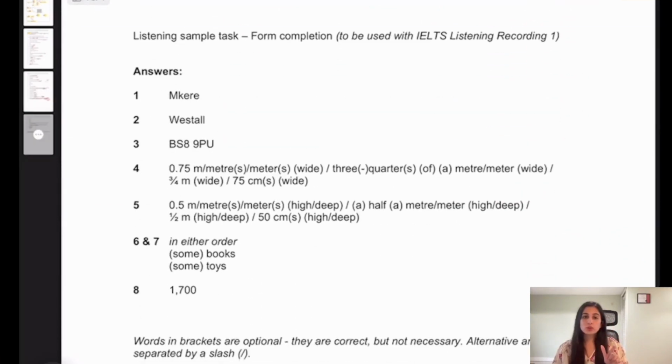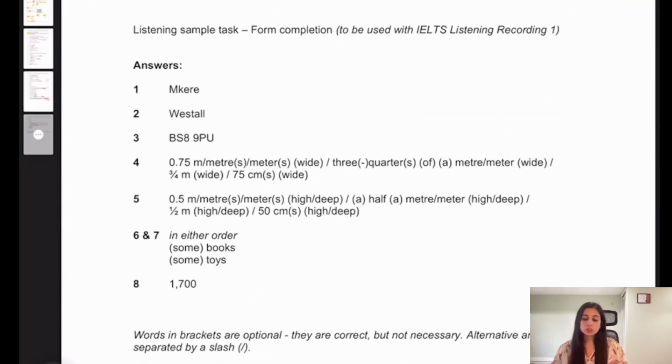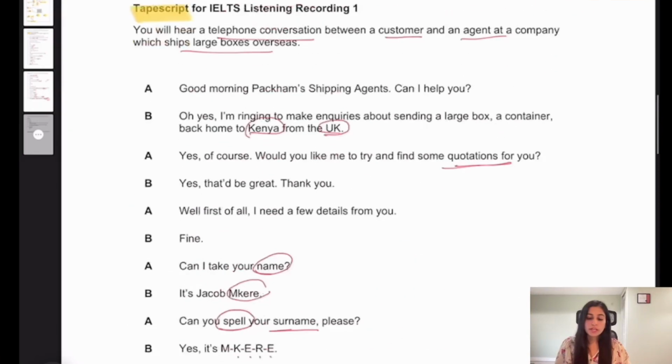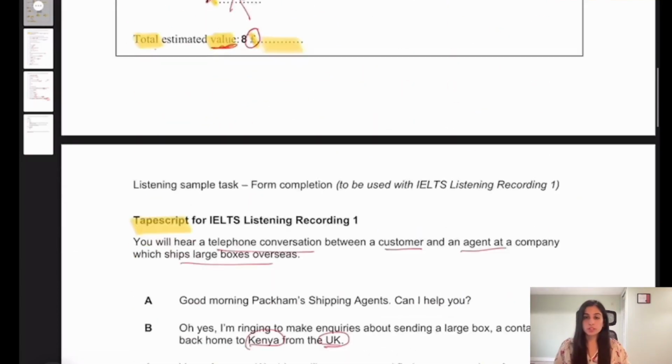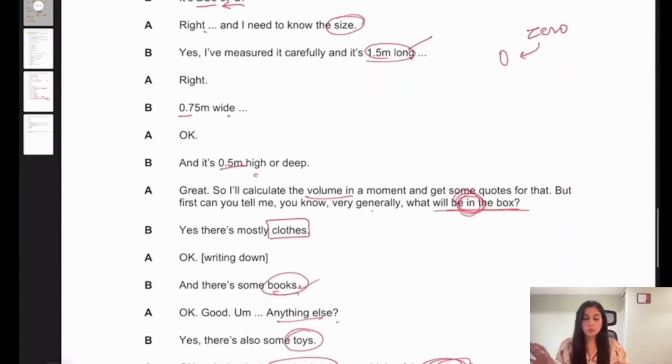So here is the list of your answers. You can take a screenshot of this, and that's pretty much it. So here, this is okay. This is easy, this is also easy, this is also easy. Now here 0.75 m is the best way of writing it. I had already given you the hint that if they have used m in the question, then you can use m here and just use the digits before that. That would be most convenient.